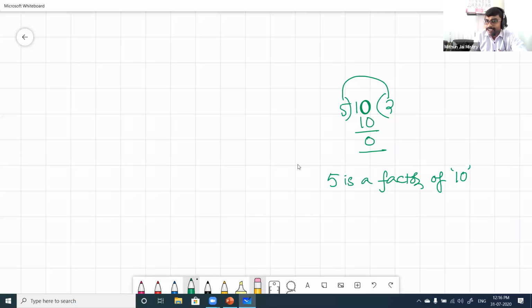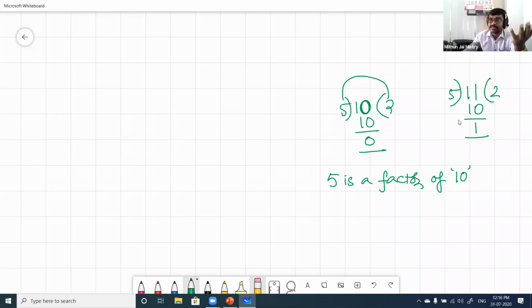Now see, if instead of 10, you are taking 11 and dividing with 5, you get 5 twos are 10 and the remainder is 1. What is the remainder here? The remainder is 1. Now can I say that 5 is a factor of 11? No. I cannot say that 5 is a factor of 11. That means 5 is not exactly dividing 11. So that's why 5 is not a factor of 11.